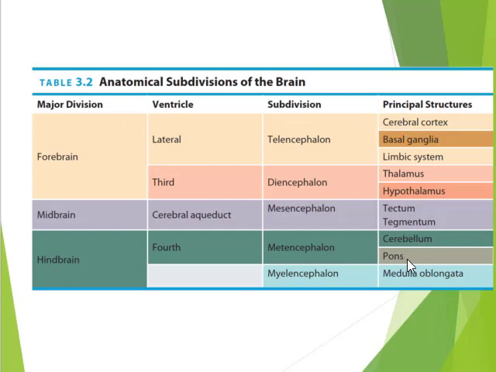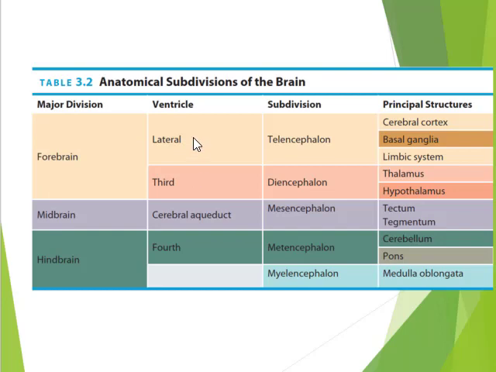So early on in development, we use these major divisions, and then as time goes on developmentally, by the time, let's say, the human fetus or the rat pup is born, we have more of these regions represented. So the midbrain first becomes a cerebral aqueduct. It then is called the mesencephalon, comes to include the tectum and tegmentum. The forebrain unfolds into the lateral ventricle and the third ventricle.